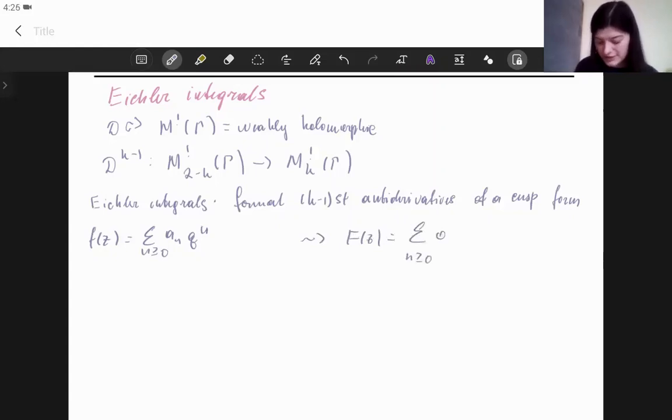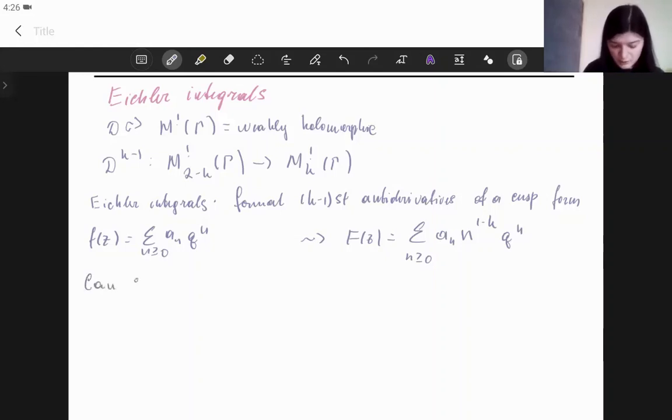We have the coefficients a_n, n to the 1 minus k, q to the n. So that's one antiderivative. And we might want to ask, okay, what properties does this uppercase F of z, this antiderivative satisfy? Well, it makes no sense for us to expect it to be a modular form. However, we might expect it to act nicely with respect to that slash operator.